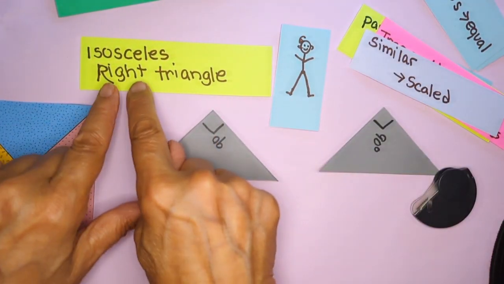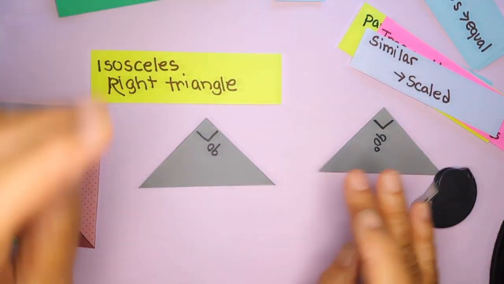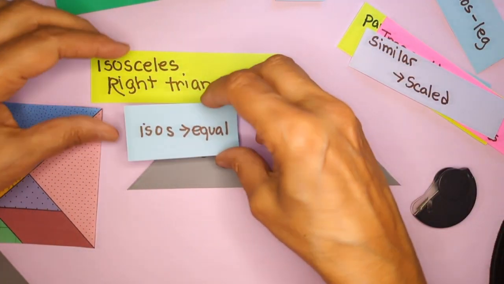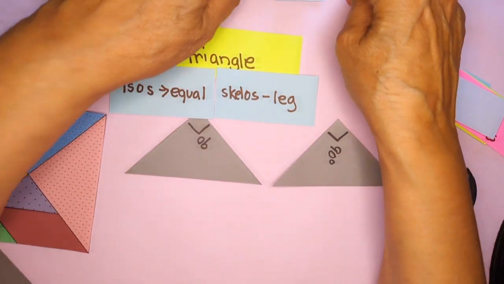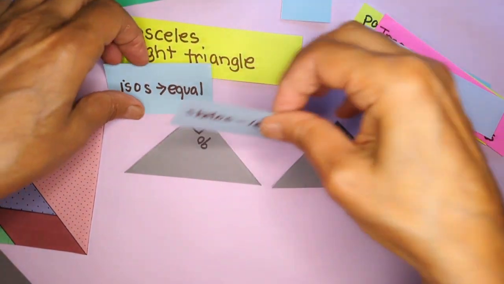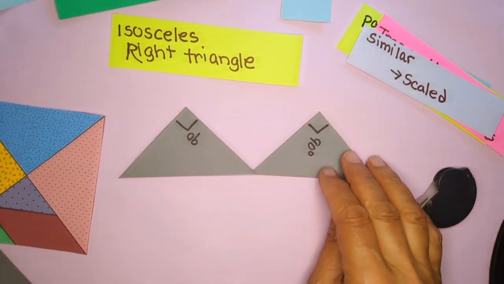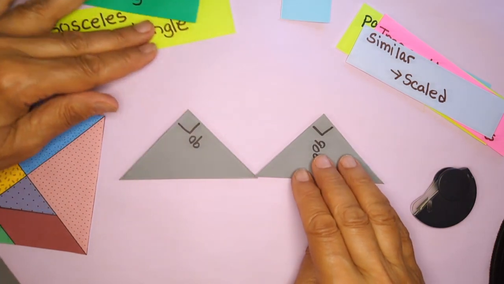You're not an isosceles right triangle because you don't have a right angle there, but you're isosceles. And isos means equal, and skelos means leg, so it's like equal legs. Okay, so we've got congruent isosceles right triangles here.